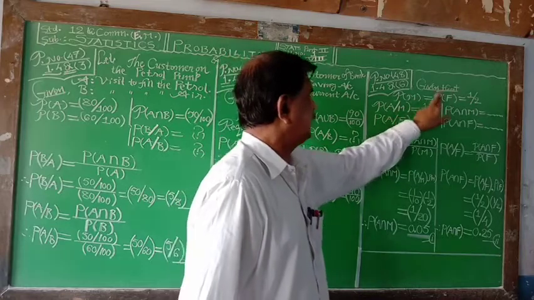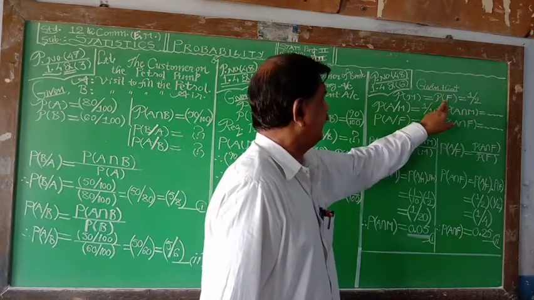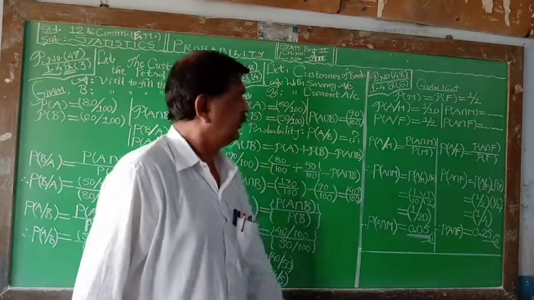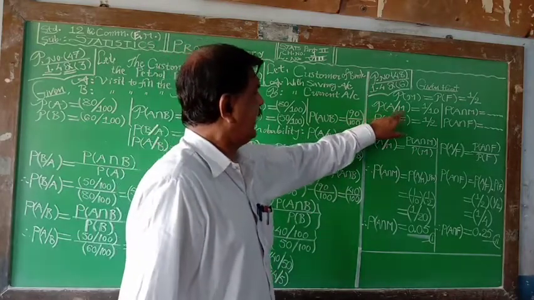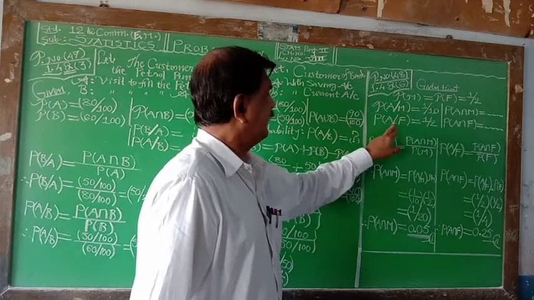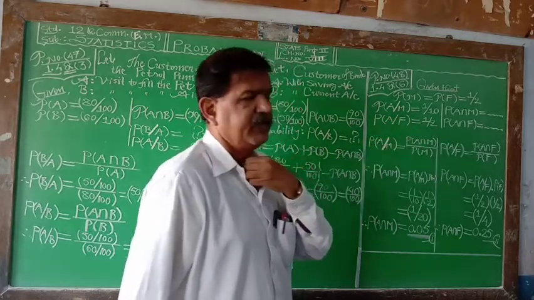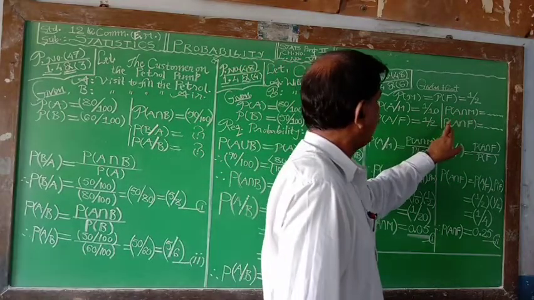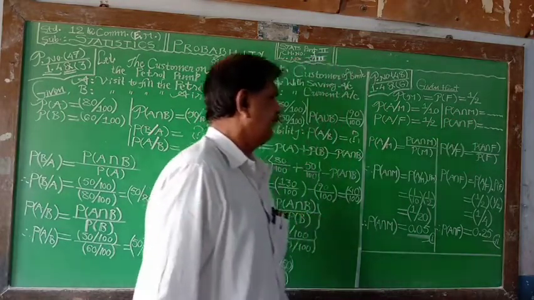Means P of M is equal to 1 upon 2 and P of F is also 1 upon 2. Moreover, it is given that P of A given M is 1 by 10, P of A given F is 1 upon 2. Then what is the required probability? Probability of A intersection M, probability of A intersection F.